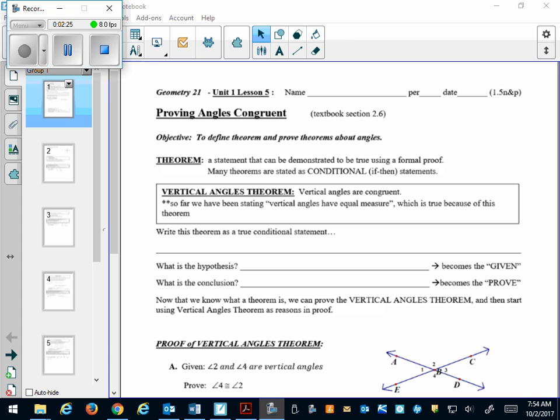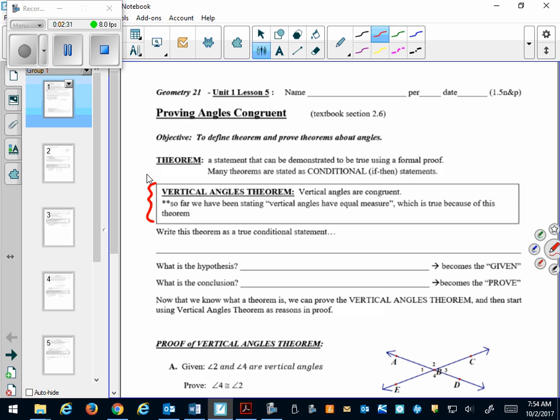I forgot to revise this one piece of it because I did already teach you the vertical angles theorem. Last year we hadn't learned that quite yet, so that's why it says we haven't learned it yet. But the vertical angles theorem we did learn, and it says that vertical angles are congruent. Okay, let's write this as a conditional.